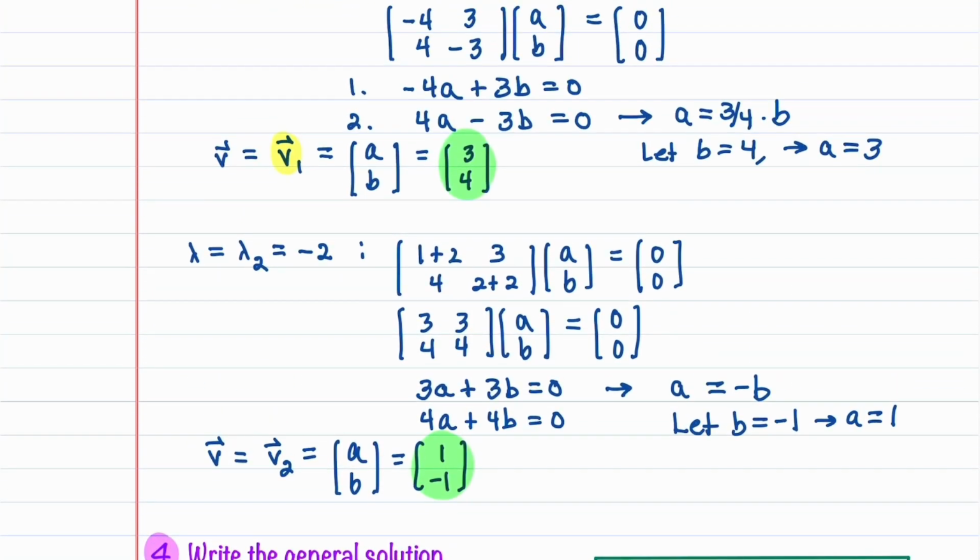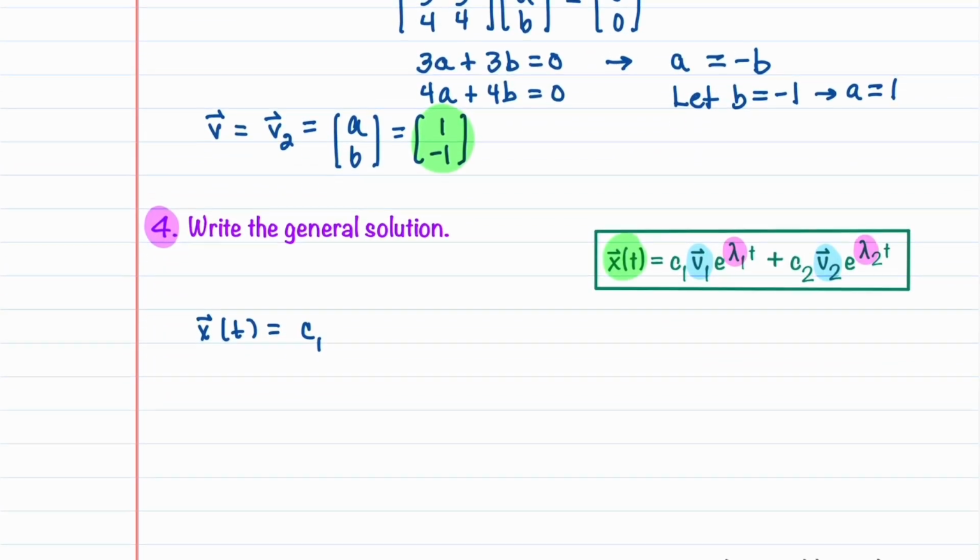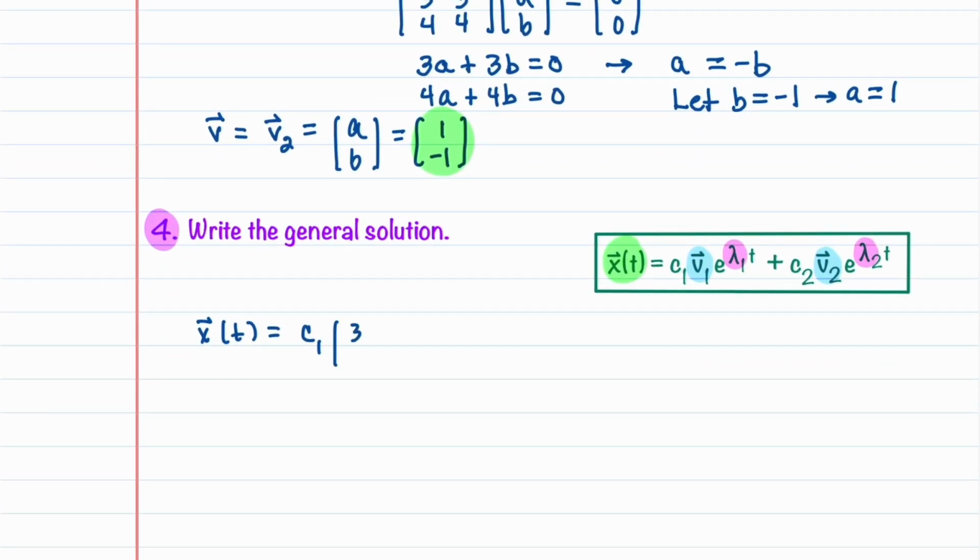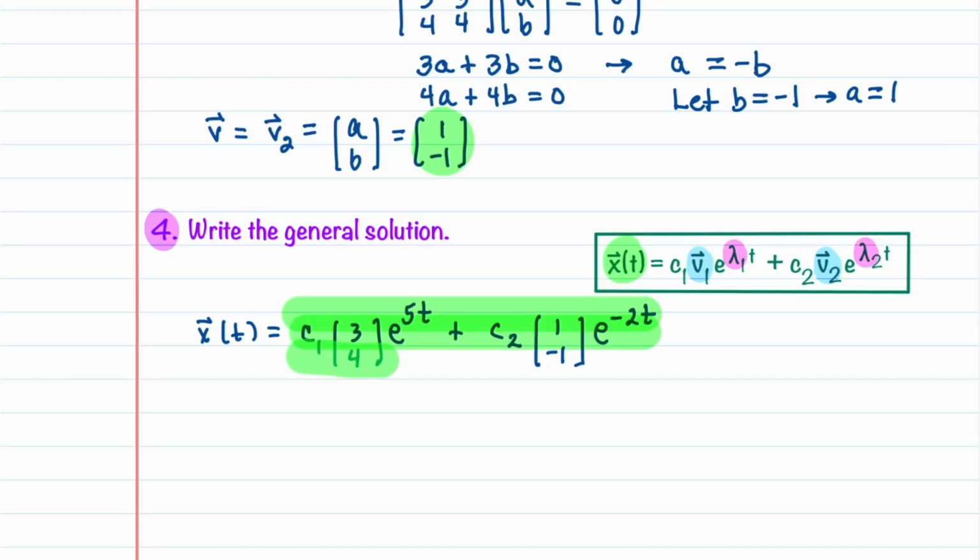Let's go back up here. v1 is 3, 4, times e to the lambda 1 t. Lambda 1 was 5, so that's 5t. And then we add on c2 times our v2, which is 1, minus 1, times e to the lambda 2 t, and lambda 2 was minus 2, so we have minus 2t. And there's our final solution.